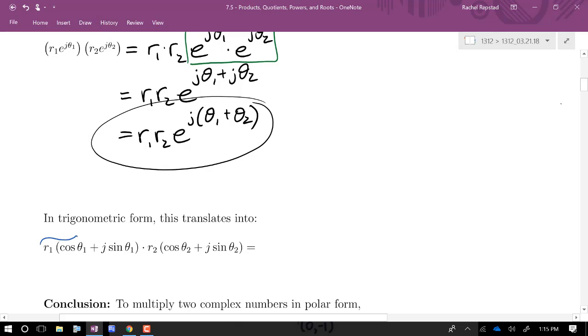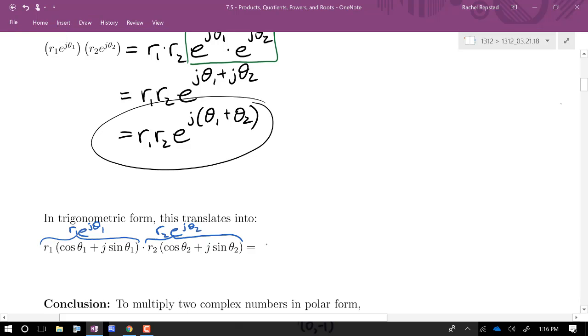Let's observe that this number here to begin with is R1 e to the j theta 1, and this number here is R2 e to the j theta 2. It's just whether we write it in the trigonometric form or the exponential form. We just worked out how we multiply these two, so we can jump straight to the result.